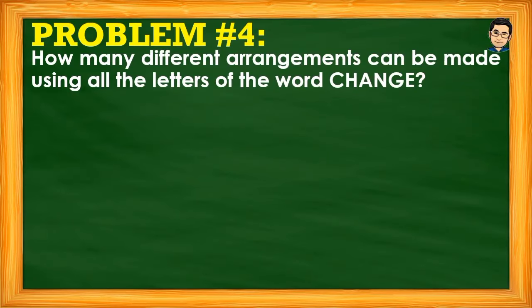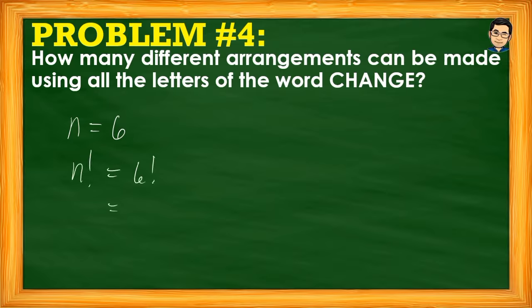So, how many different arrangements can be made using all the letters of the word change? So, ang tinatanong po dito kung ilan yung bilang ng different arrangements gamit ang lahat ng letra ng word na change. So, simple lang po siya. So, n is equal to 6, di ba? So, kunin lang po natin yung n factorial. So, 6 factorial.